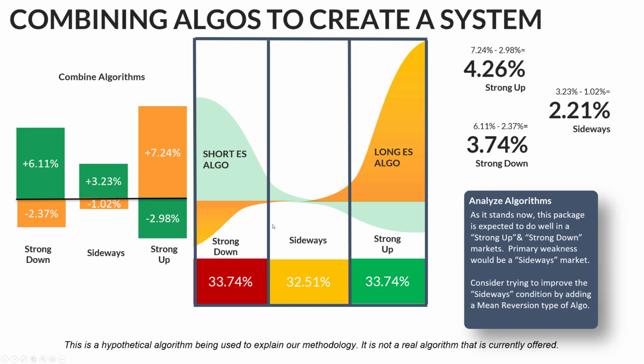Because quite frankly, if the villain states were all zero losses, in other words, if it was 7.24% in the strong up, and the sideways was flat, maybe because it figured out how to not even take any trades, and the strong down was also flat, that would be an amazing algorithm. Basically what it would be saying is a third of the time you should do about 7% that month, and two thirds of the time just break even. That's fine.